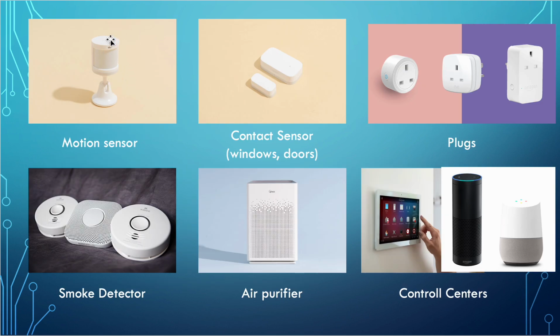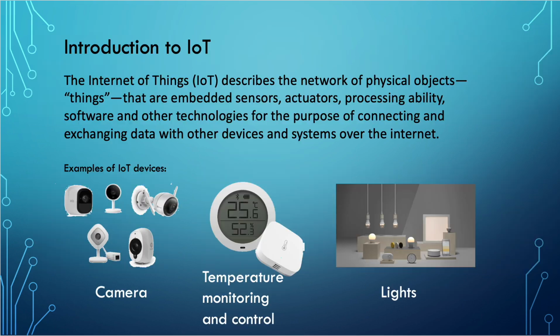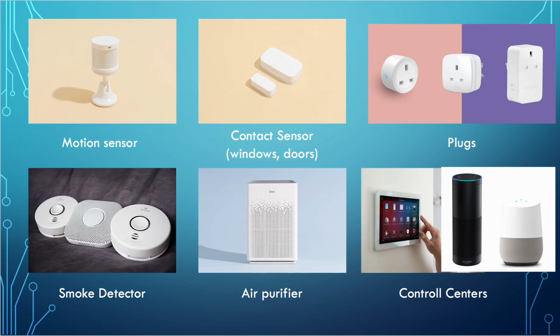There are sensors to sense our motions, contact sensors. Then we talked about cameras, sensors to sense the temperature, and so on. These input data into the IoT system, right?